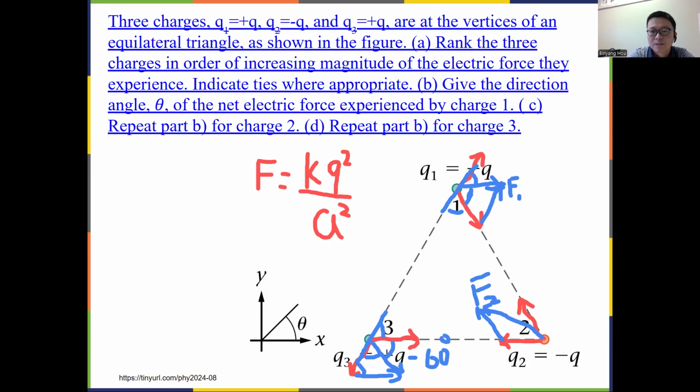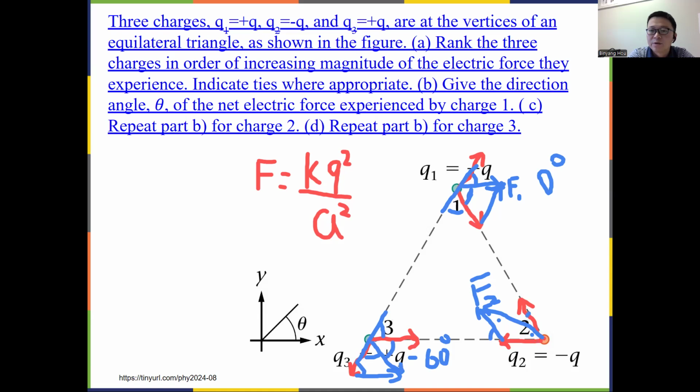And then this one for the angle is 0°. The angle here, these two are the same, and then this is 60. So that means these two angles are the same, so they are 30° apiece.